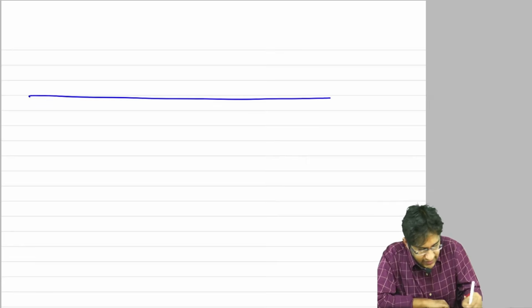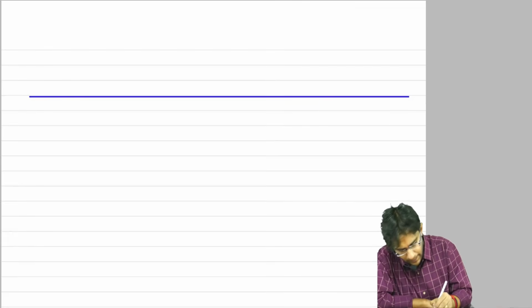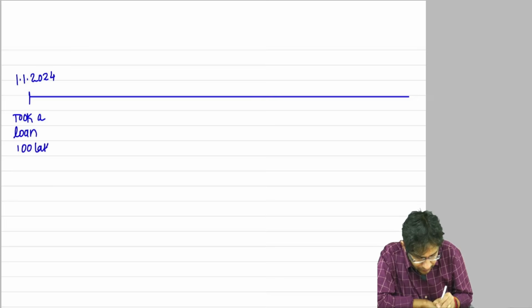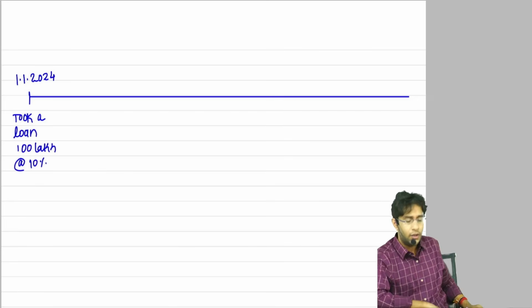Okay. Watch this example, sir. 1/1/2024. This fellow took a loan of 100 lakhs at the rate of 10%. He took a loan.